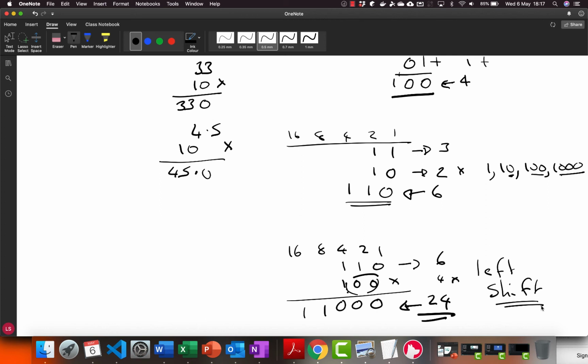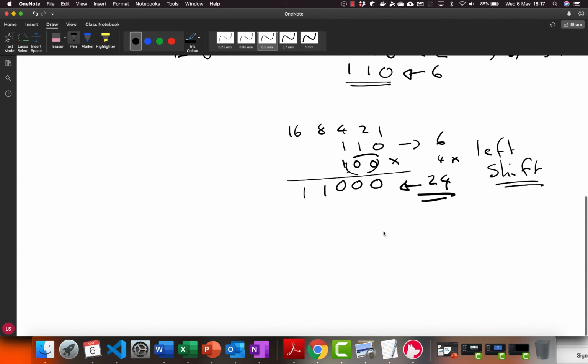We can do the same thing in reverse for dividing. Again, you're only ever going to divide by 1, 10, 100, etc. So if I take a number that looks like this, 1 1 0 0 1 0, and I want to divide that by 10, all I'm going to do is right shift the number this time, so this 0 is going to drop off and I'm left with 1 1 0 0 1.